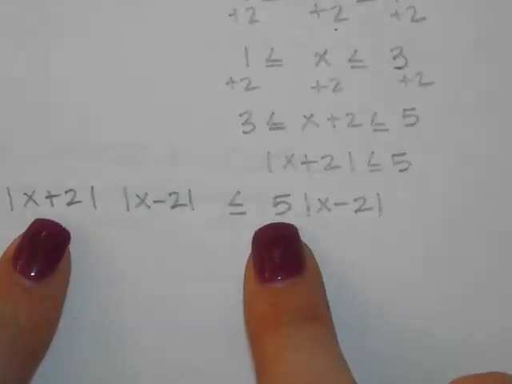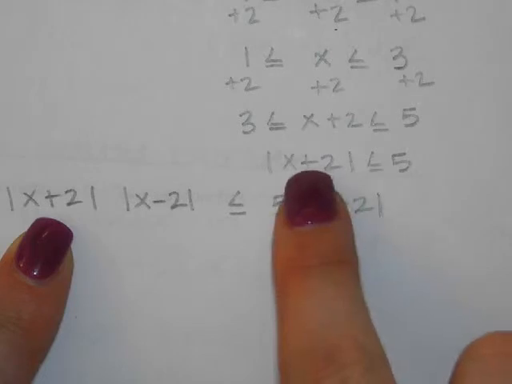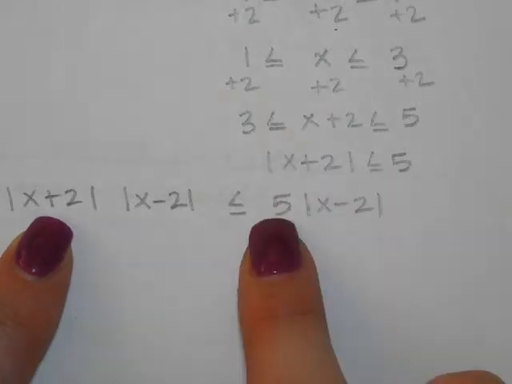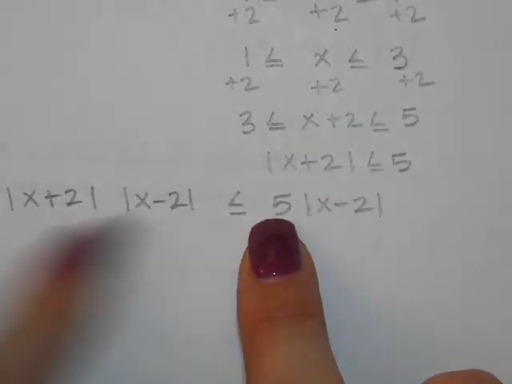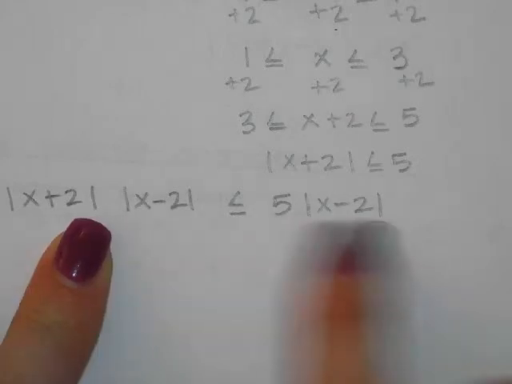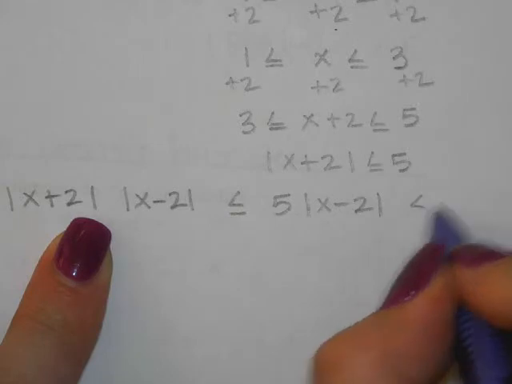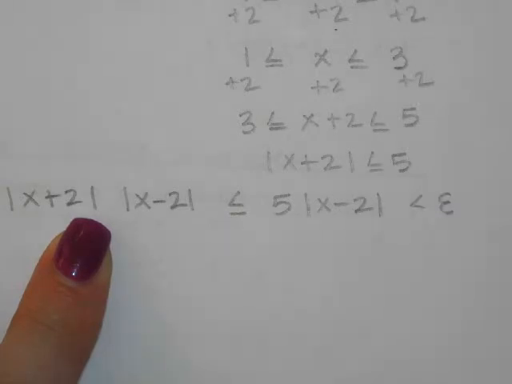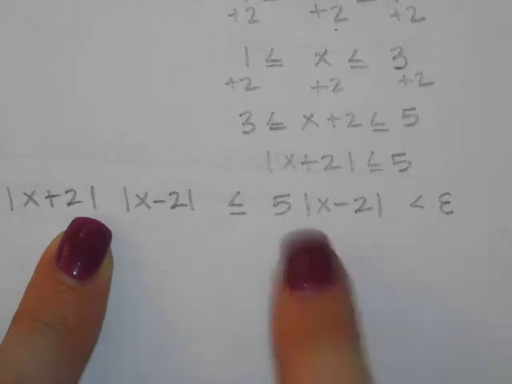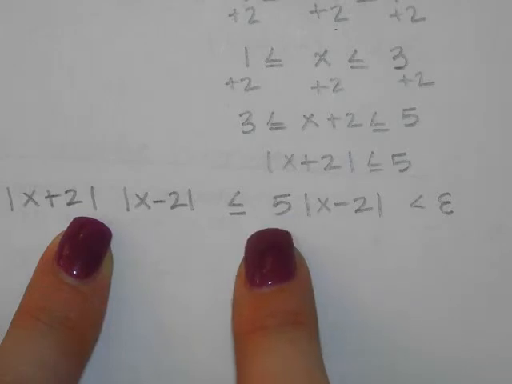So what I'm doing is saying if I have this inequality right here and x plus 2 is less than 5, then this part over here must be smaller than this part right here, and both of those must be less than epsilon. It's a little bit weird, but you'll see why in a second. So it just adds a little step.